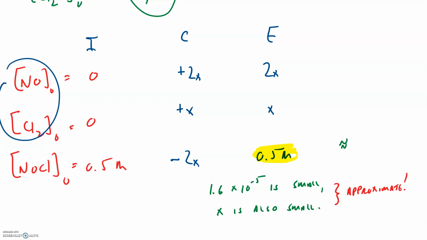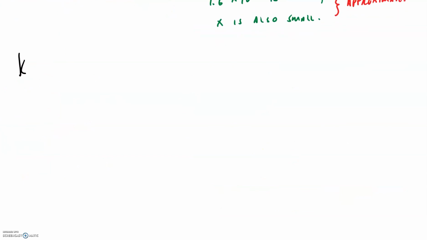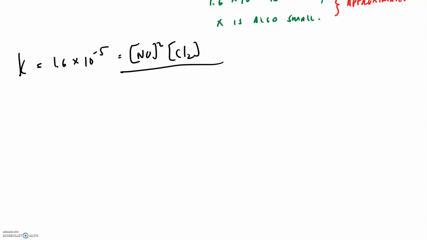All right? So that makes this a bit simpler. So when we go to solve for x, we would normally have said that k is equal to 1.6 times 10 to the negative fifth. And then, if we were going to write this out, where we know that the products are nitrogen monoxide, and that's squared, chlorine gas is to the first power, and NOCl is also squared.